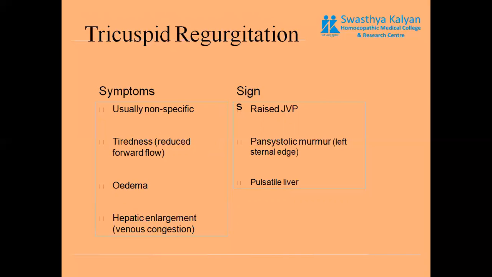It's not in the start, end, or mid of the systole. Rather, it is pansystolic, meaning throughout the systole you will hear the murmur. And pulsatile liver. You can feel the pulsations in the hepatic vein. That is the reason they say pulsatile liver is present.